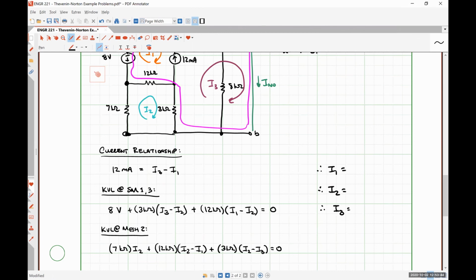I get -4.076 milliamps, -1.143 milliamps, and 7.924 milliamps. Anybody else get similar results?